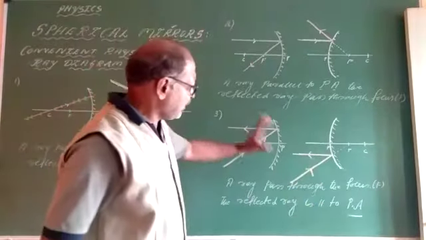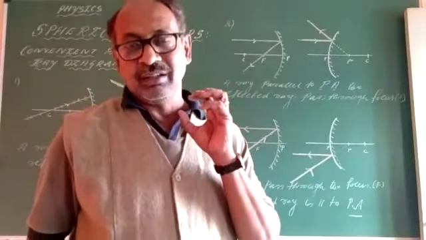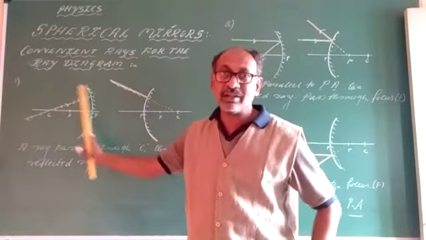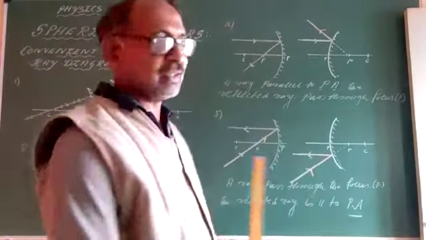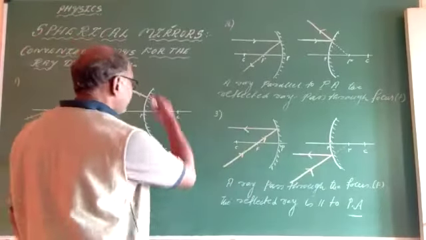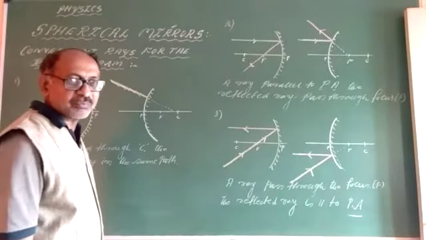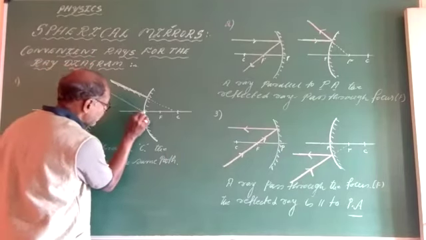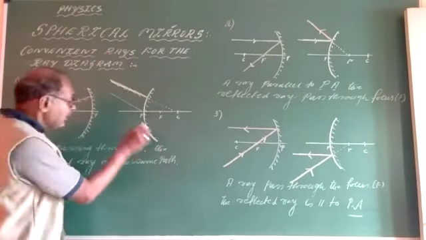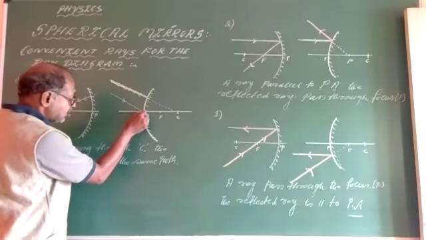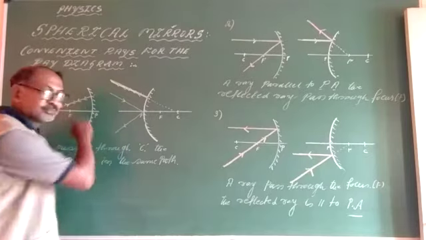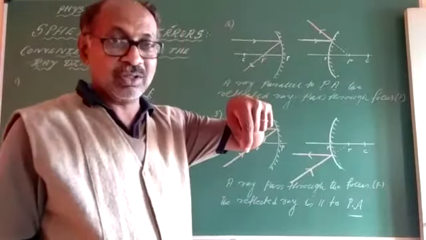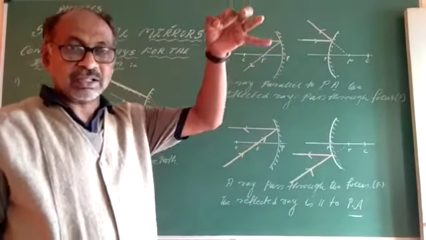So these are the very, very important three convenient rays to form a ray diagram. There is another one. Whenever a ray of light falls on the pole, it is reflected back in the same manner.